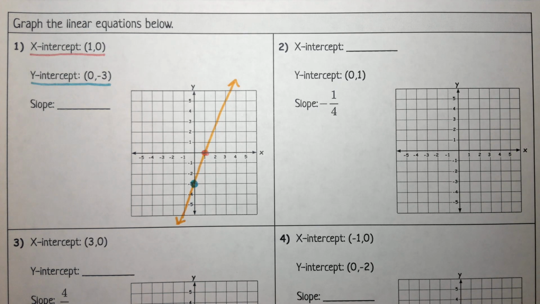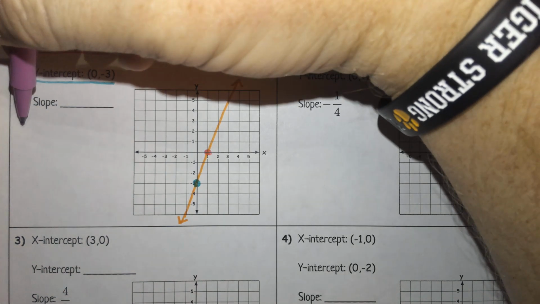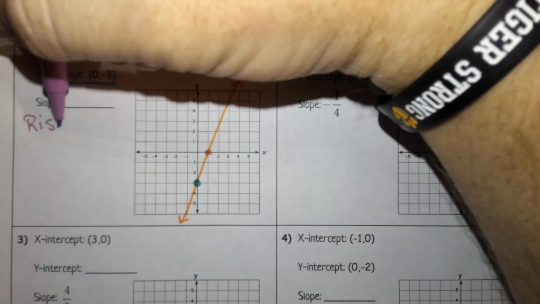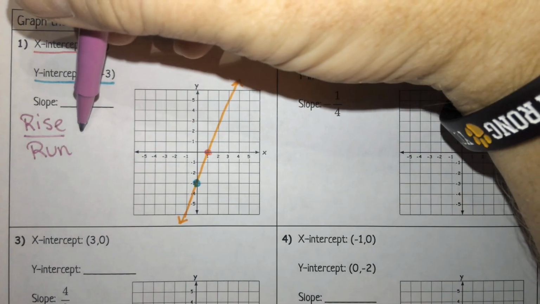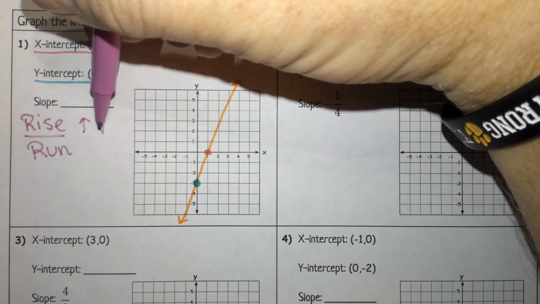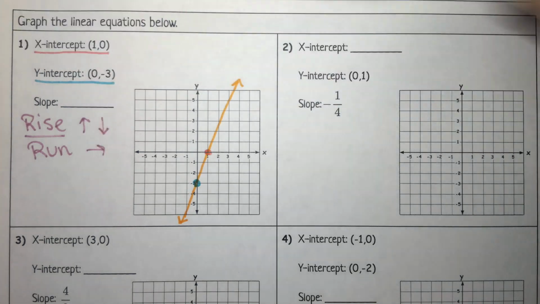Now the last thing we need to find is slope. So remember from before, slope is rise over run, where rise is up or down, run, I always go to the right. You can go backwards, but I go left to right on the points.